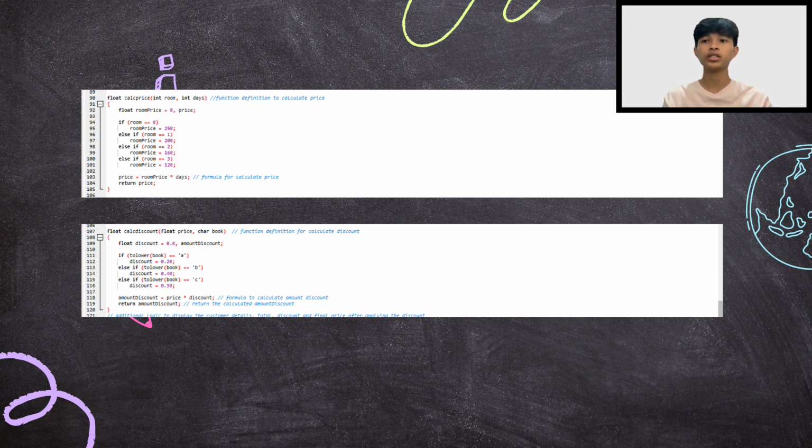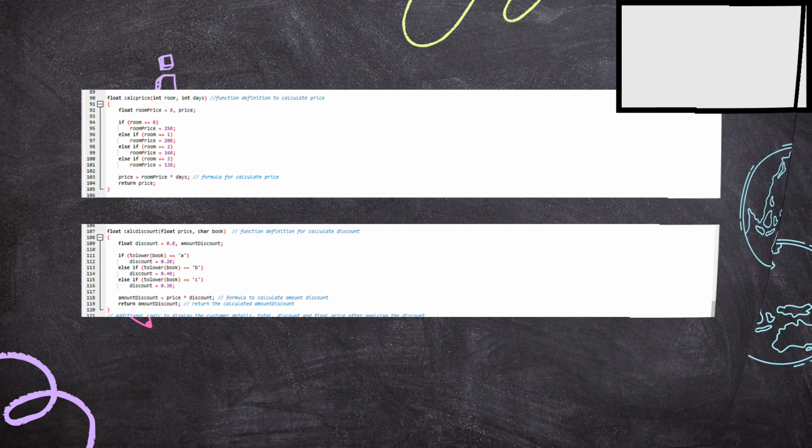Okay, the second one is float calculateDiscount, a function definition to calculate the discount from line 109 until line 116. It shows the discount of a booking based on days, and for line 118 it shows the formula to calculate the amount discount. The formula is amount discount equal to price divided by discount.